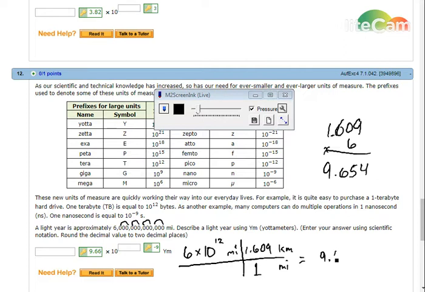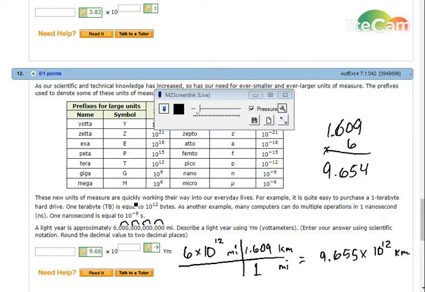Now, don't forget that we also need to multiply by 10 to the 12th. So this is how many kilometers that we have. Now we're going to take that answer and convert it to yottameters.